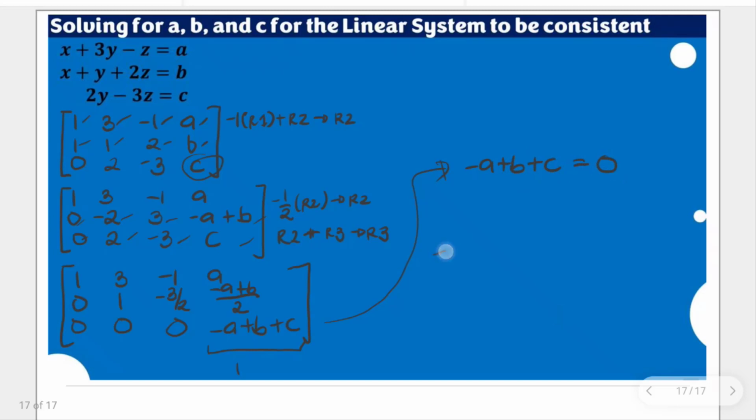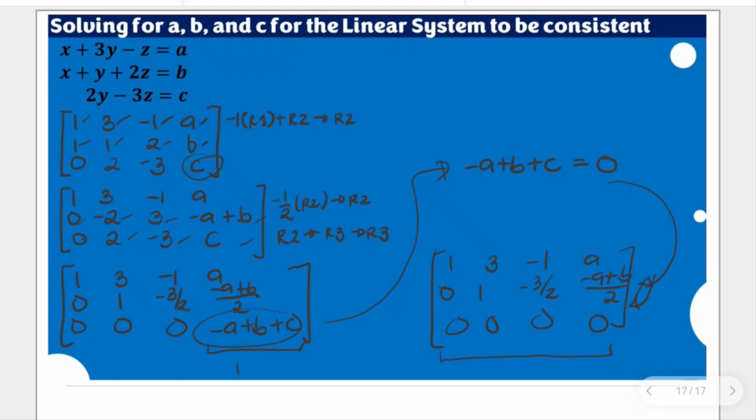Examine what would happen if this is 0 here. The entire entry is 0. 1, 3, negative 1, 8. 0, 1, negative 3 halves, negative A plus B over 2, and 0, 0, 0. You have 0 entries for the third row, and you will have 2 rows with non-zero entries versus 3 different variables x, y, and z.